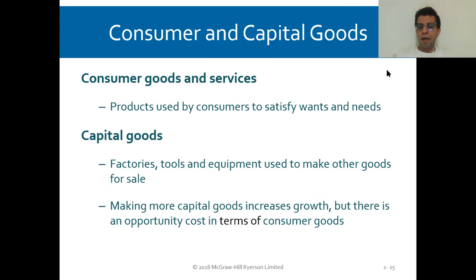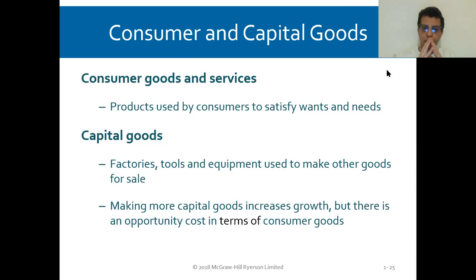On the other hand, capital goods are factories, tools, and equipment used to make goods for sale. Earlier in this class, we distinguished that the tools you utilize to produce the final goods are capital goods. But if you buy something and use it yourself, it becomes a consumer good. Let me give you a good example.